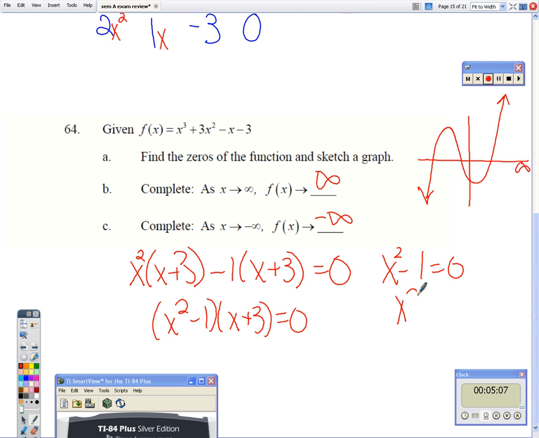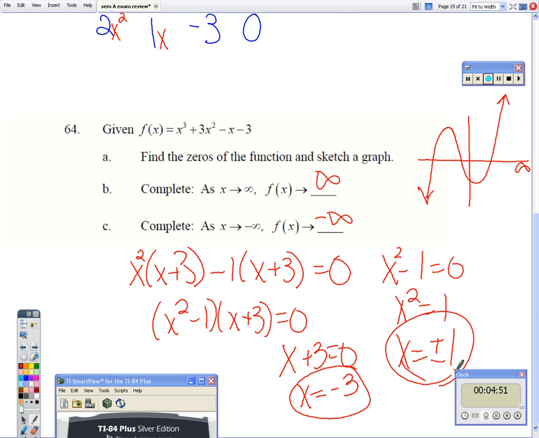I'm going to add the 1 over, and when I square root both sides, be really careful. It's plus or minus. And here x is negative 3. So I have these 3 answers as the zeros for A.